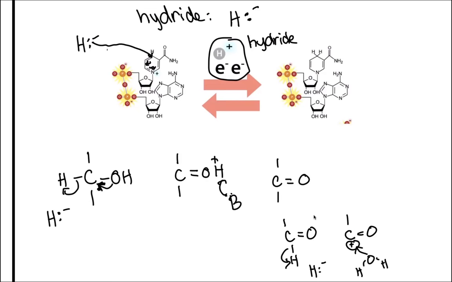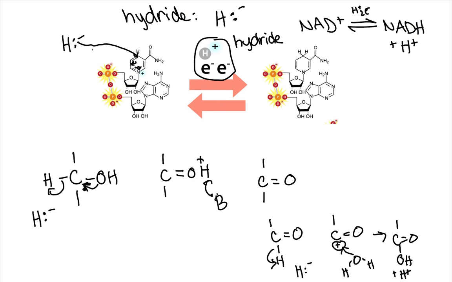And then after you protonate that, basically what you're going to end up with is this. We basically still had a pair of electrons being transferred here, and that pair of electrons could get transferred onto NAD+.